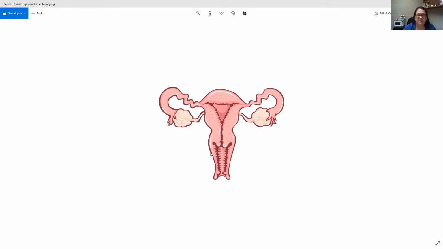So here is the vagina. The vagina is the canal. It is not the external genitals. That is the vulva. The vagina is the canal. Here is the uterus, and this closure of the uterus is the cervix. This is a continuous part of the uterus, and in labor, it actually dilates to allow the baby to deliver.